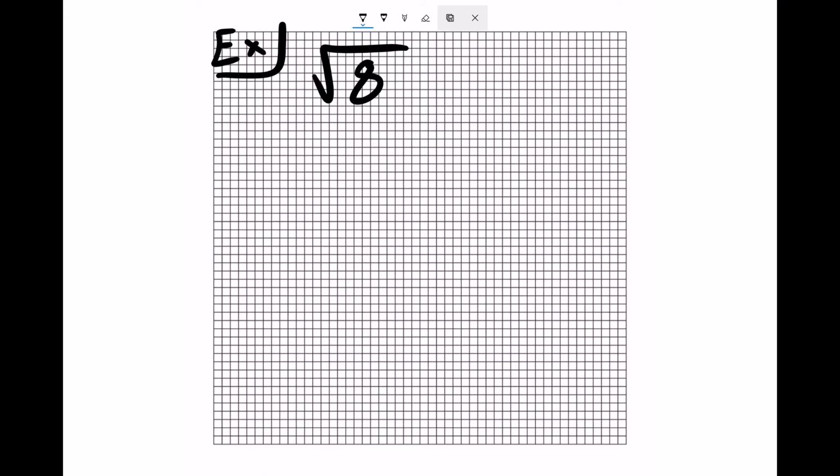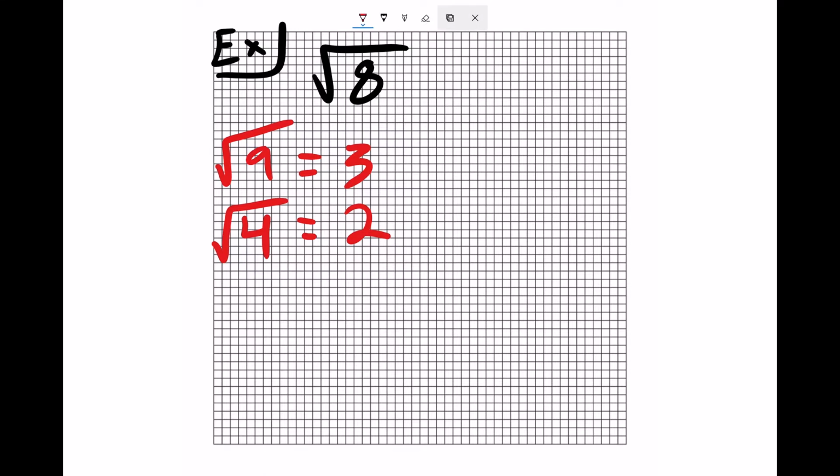However, we know that there are numbers very close to 8 that do. For example, square root of 9 is equal to 3. 8 is less than 9. Is there another perfect square close to 8? Sure. 4 has a root of 2.